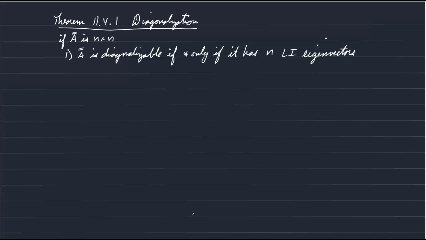So that's the first requirement of A being diagonalizable. And so you need to check whether A has n linearly independent eigenvectors to use this method.